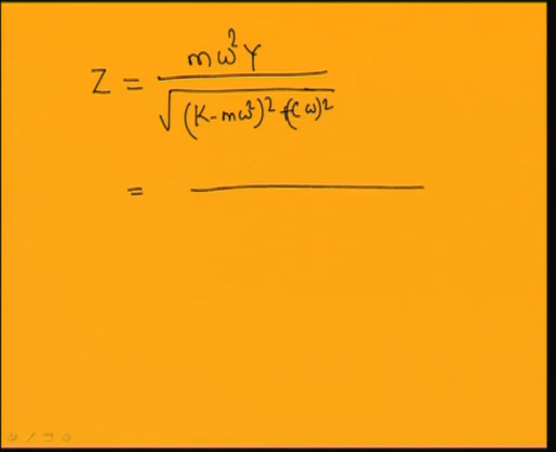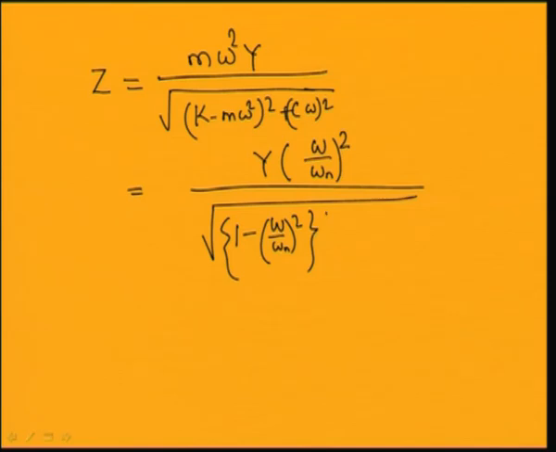So, let me divide this by m. I will take this m down and this will be m square. So, k by m will be equal to omega n square. So, you can simplify this and write z equal to y into omega by omega n whole square, by root over 1 minus omega by omega n whole square, whole square, plus 2 zeta omega by omega n whole square.